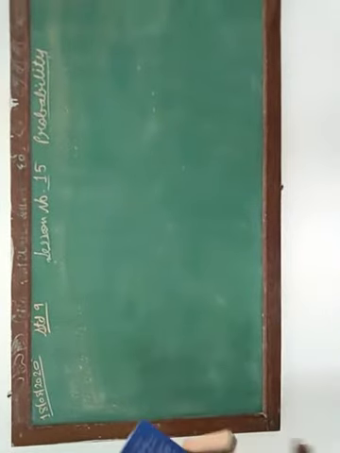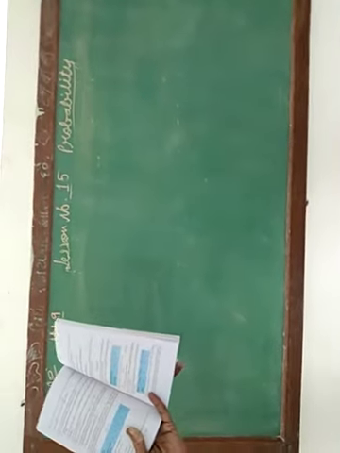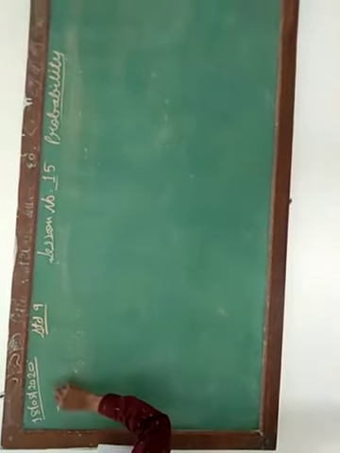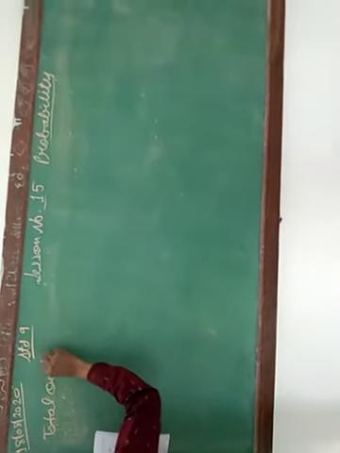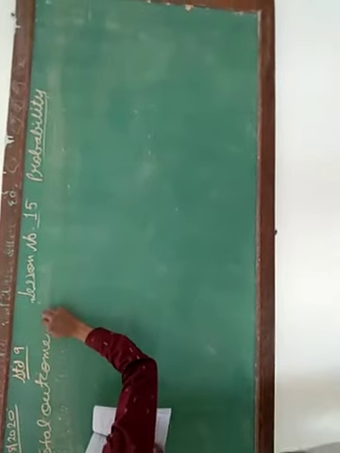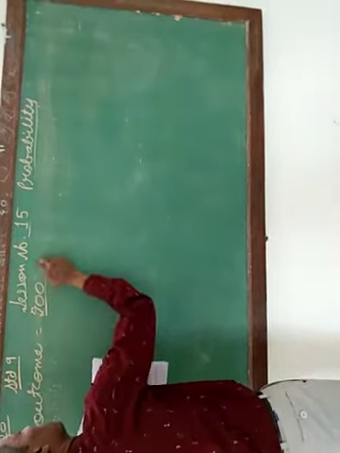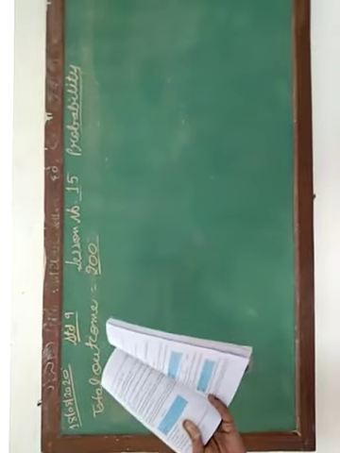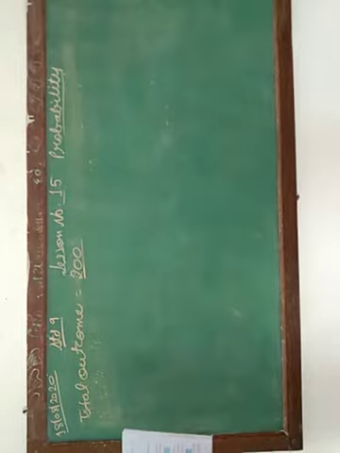Total how many times are the coins tossed? Total outcome is 200 times. 3 coins are tossed 200 times.